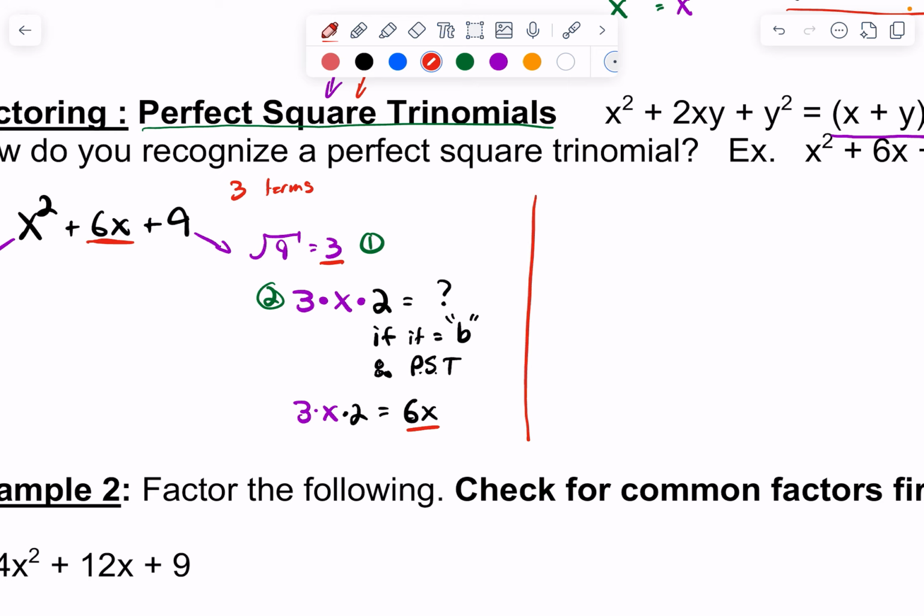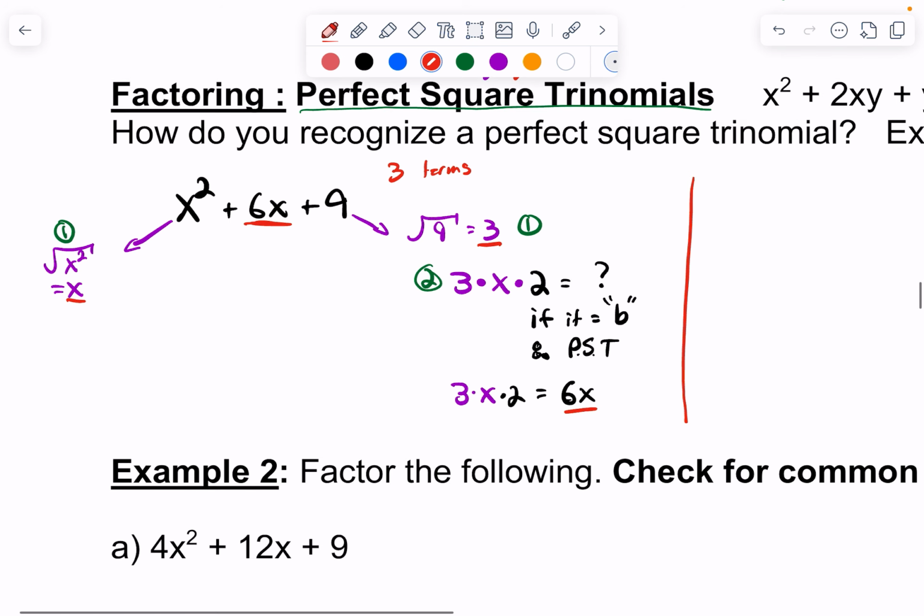So once you have identified it to be a perfect square trinomial, let's write a more formal way. Both ax squared and c need to be squares, as we've shown in that step 1.